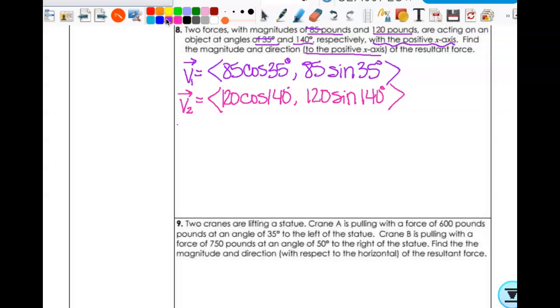So then just like before, I need to find the magnitude. So, no, I don't want to do the magnitude first. I'm jumping ahead of myself, sorry. I need to add these together. Vector 1 plus vector 2. And I'm going to get that component form. And I'm going to add the x components, store them in A, add the y components, store them in B. You could store them in X and Y. You can store them anywhere you want as long as you know what you stored where.